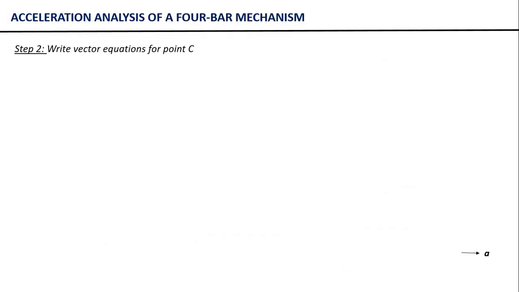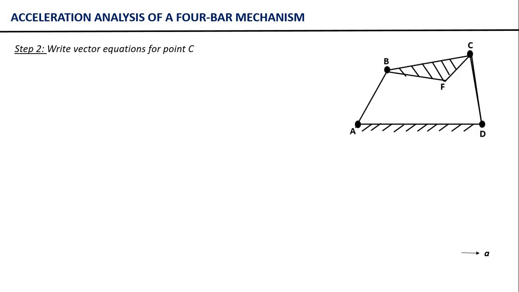Obviously the next step is to write down the vector equations for point C. Here we are targeting to calculate the linear acceleration of point C, so we will start by writing down the vector equation for point C. The expression is almost identical to what we considered for the velocity vectors.